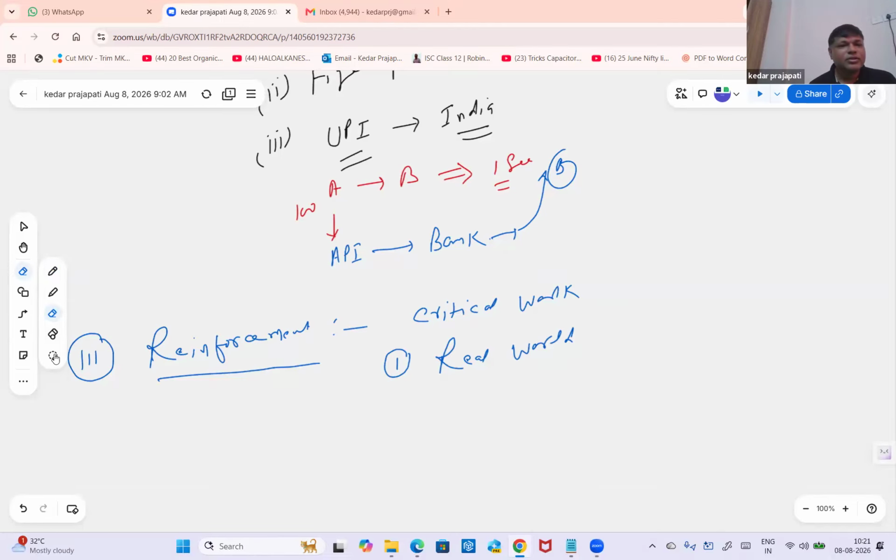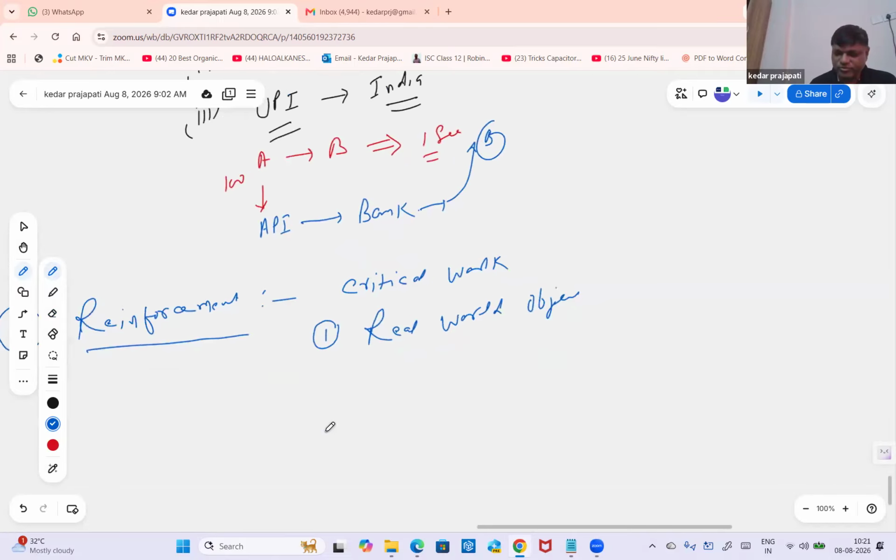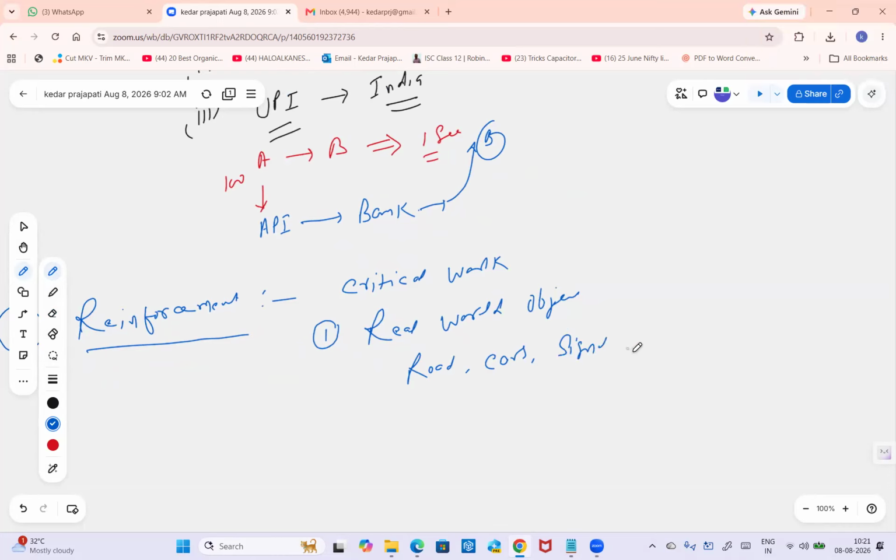What do I mean by real-time objects? For a self-driving car, what was the object? Everything is an object for it: the road is an object, other cars are objects, the signal is an object, and many other things.